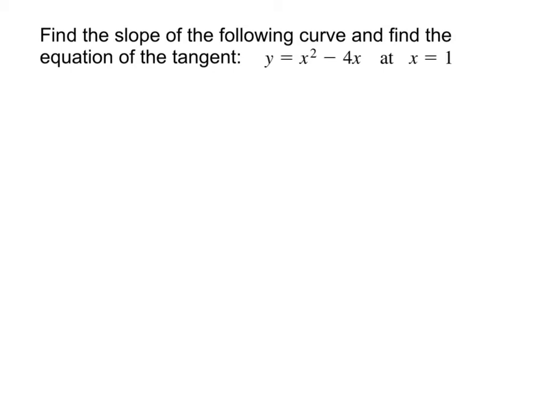Okay, I want you to try this one then. Find the slope of the following curve and find the equation of the tangent. Now the tangent is just the line that crosses the curve with the same slope that curve has. So if you want to see what it looks like, well, I'll let you try it first.